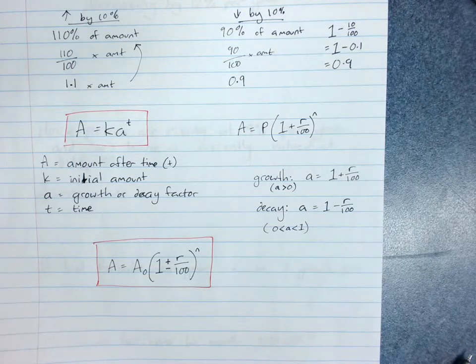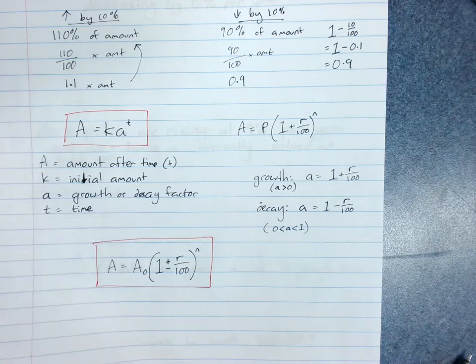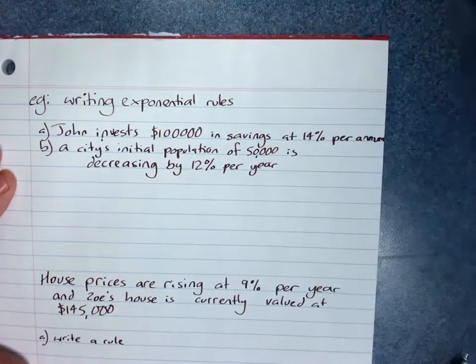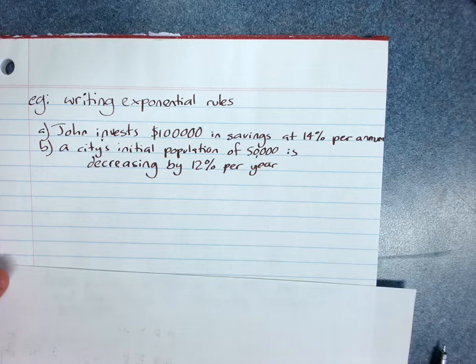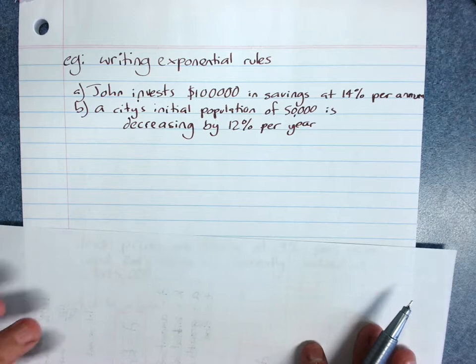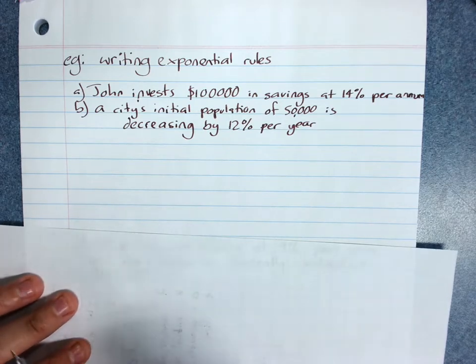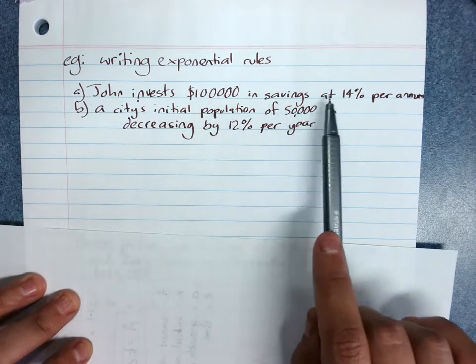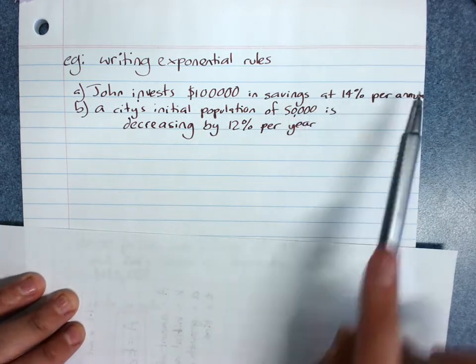So, to use this, let's have a look at the sort of questions we might want. For example, writing exponential rules. We have to define our variables and put them into a growth or a decay factor. So if John invests 100,000 in savings at 14% per annum, that's growth.